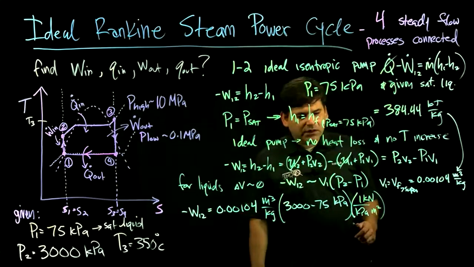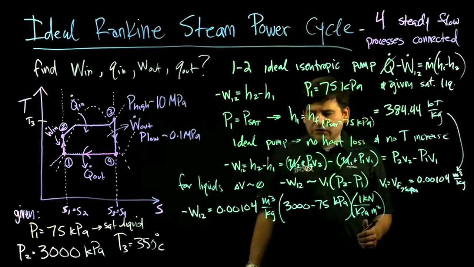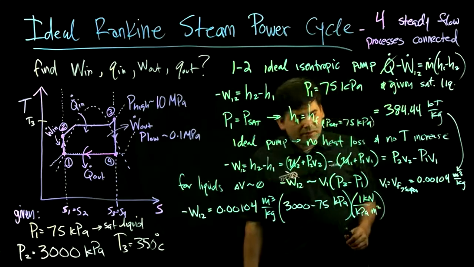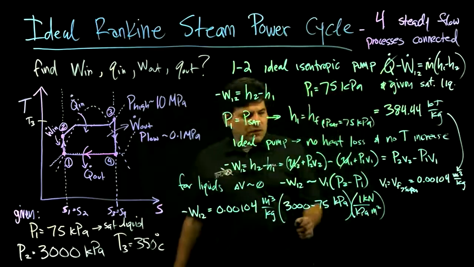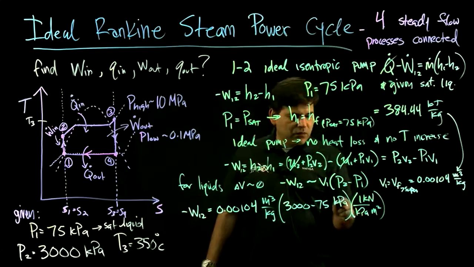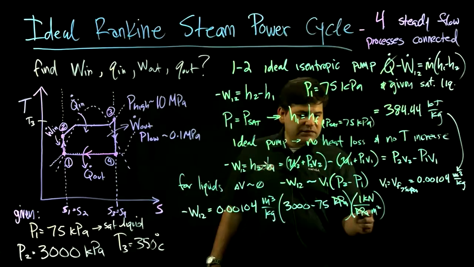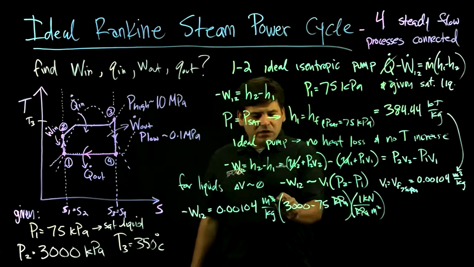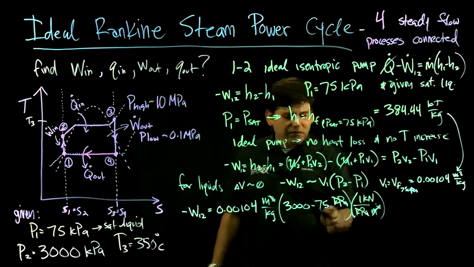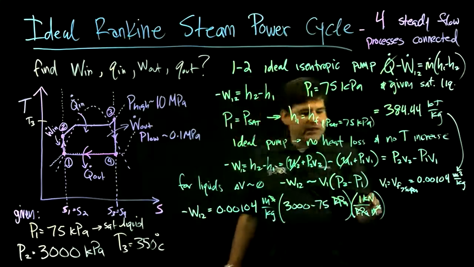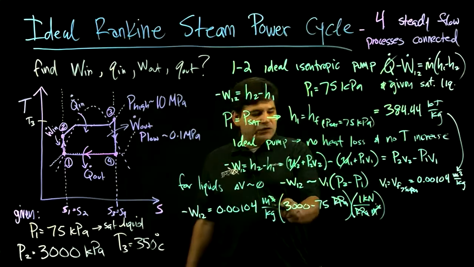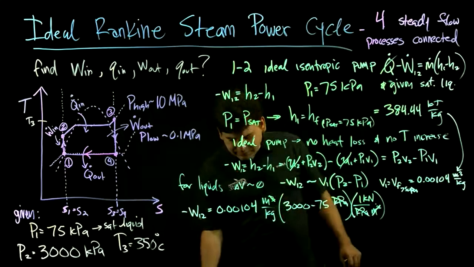We want kilonewtons, so this is good, because that's related to Newton meters, and the kPa's cancel out. There's meters left here, these cancel out. So now we're in kilonewton meters. That's kilojoules per kilogram. That's good.